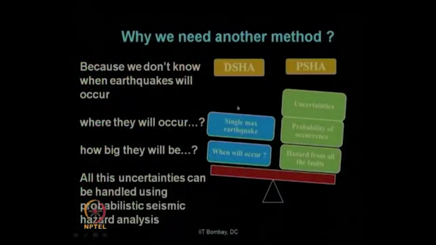We have seen why deterministic seismic hazard analysis is not sufficient and we need to go for another, more realistic method, where all the uncertainties involved during the earthquake process can be taken care of.